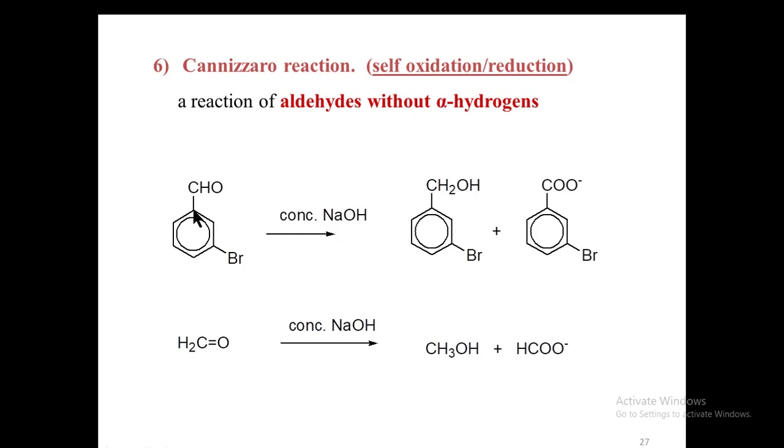Carbon is here, no alpha hydrogen. These are the products. You have to practice the mechanism for these reactions, for Cannizzaro reaction, and also for Wolff-Kishner reaction, Clemmensen reduction, and also for aldol condensation.